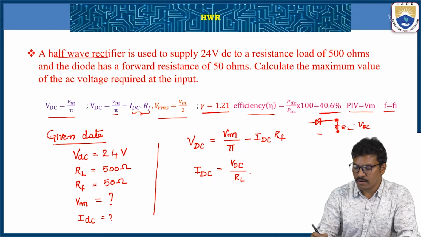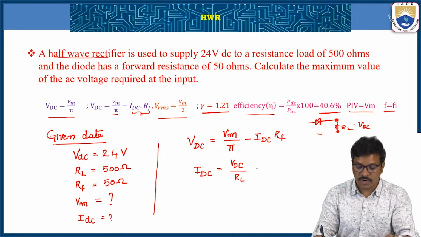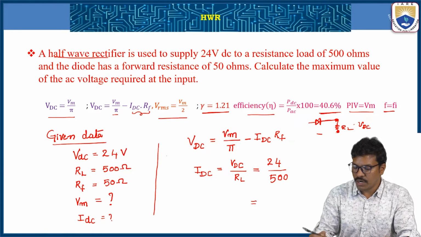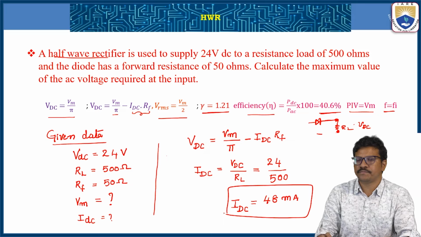So VDC is 24 volts divided by 500. 24 divided by 500, we will get 48 milliamperes. IDC is equal to 48 milliamperes.